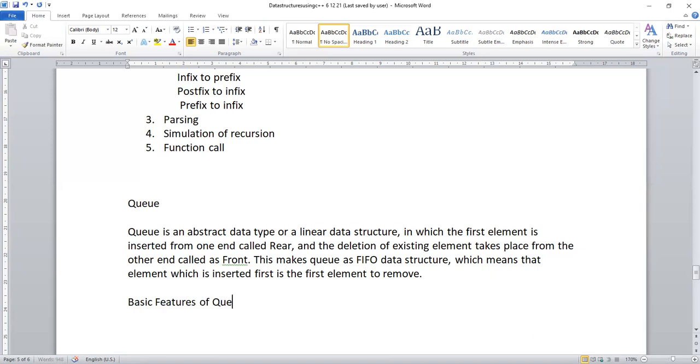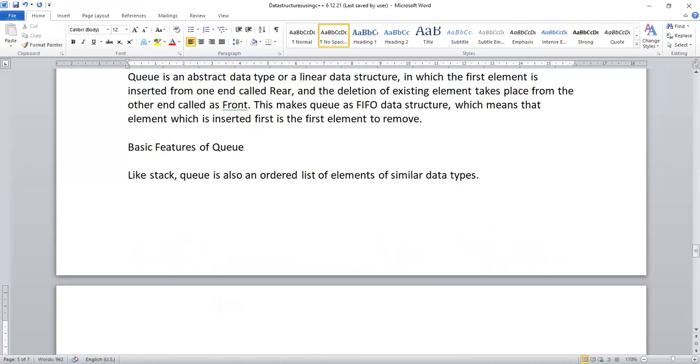Like a stack, a queue is also an ordered list of elements of similar data types.